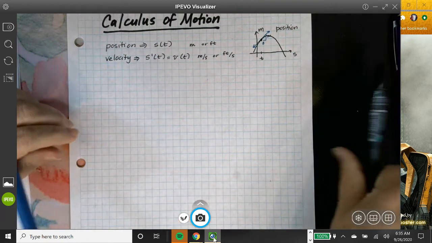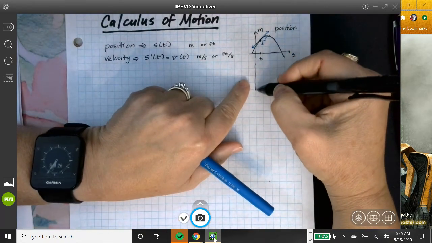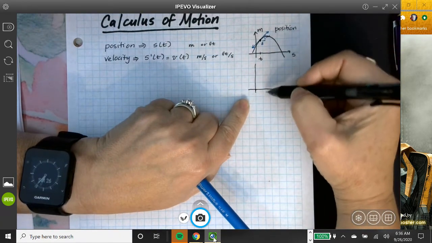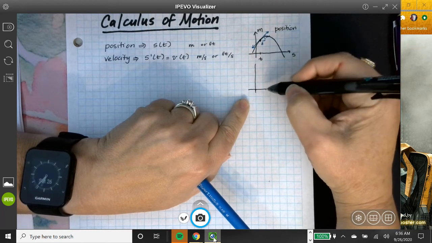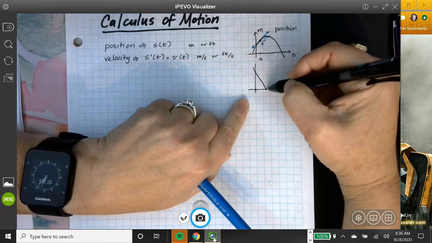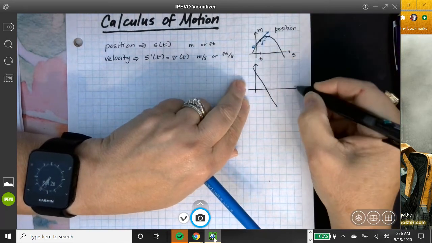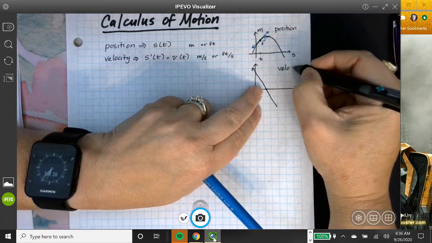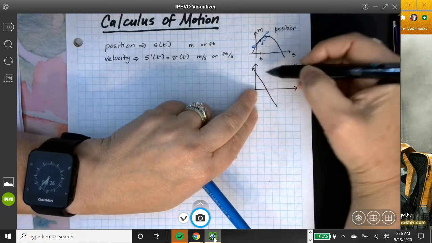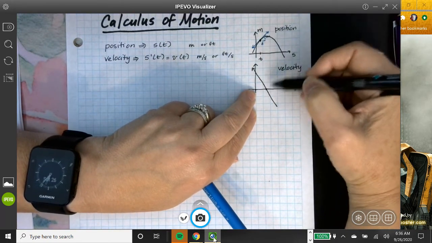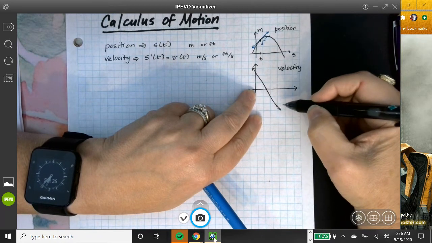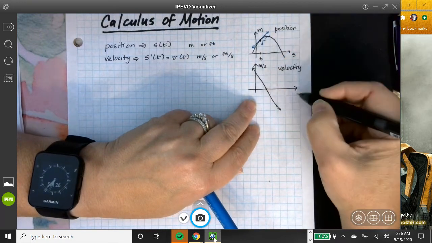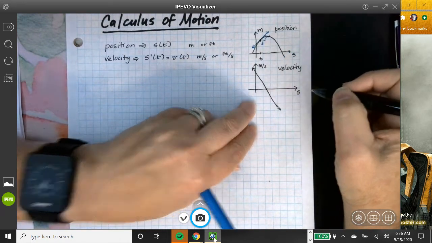All right, similarly, if I were to graph a velocity function, and if this is parabolic in motion, I'm going to have a linear derivative function, right? So this would be velocity. And I have positive slope, so I have positive y values, a zero slope, 0, and then negative y values. Okay, and my units on this velocity graph are going to be meters per second, with seconds on the x-axis.